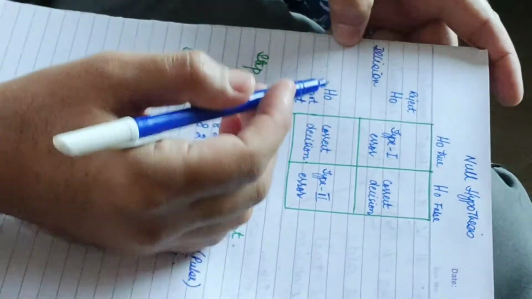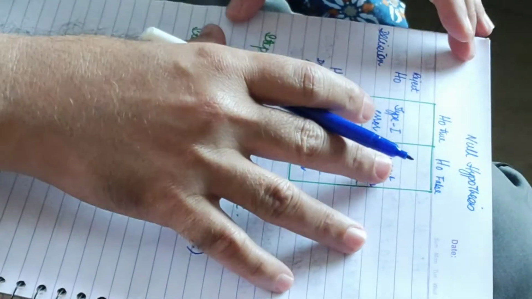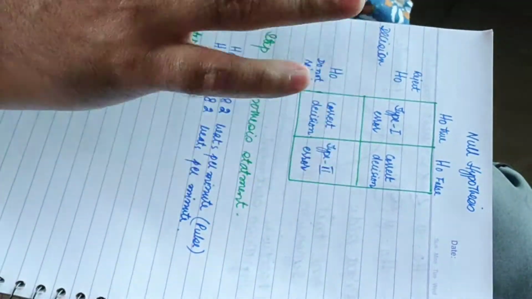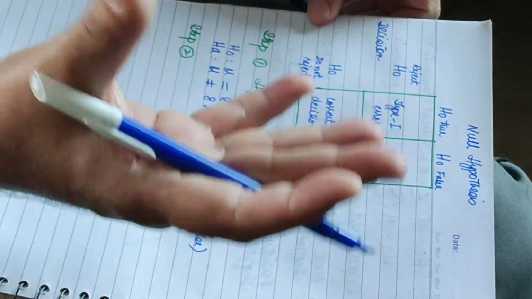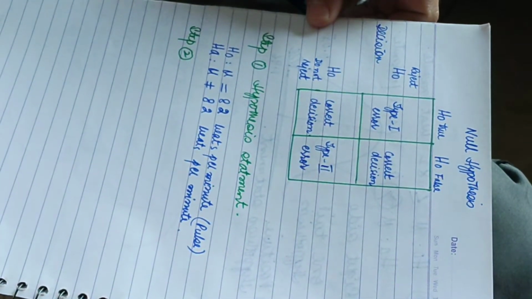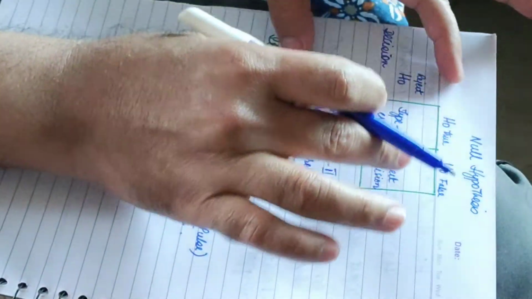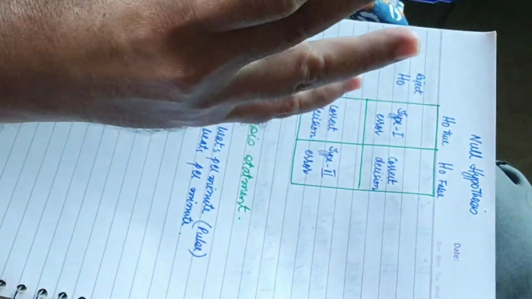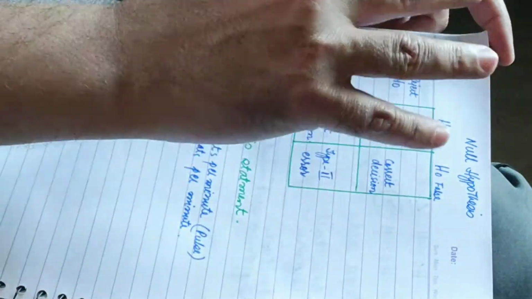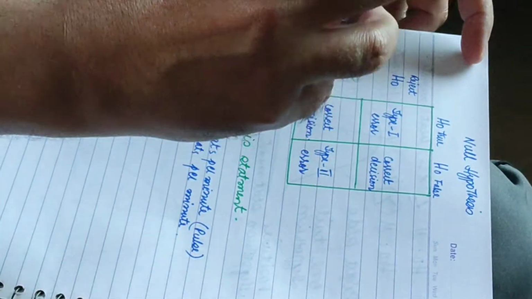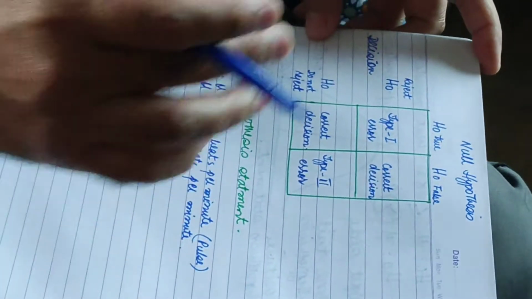Okay, let's learn about the type 1 error and type 2 error. What actually are the type 1 error and type 2 error? Here I drew a 2 by 2 table in which I write down the type 1 error and type 2 error.